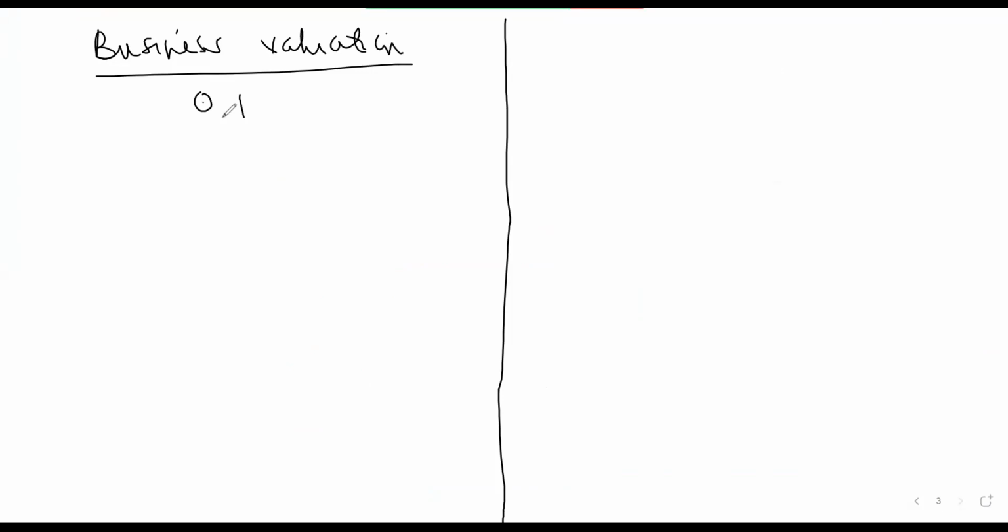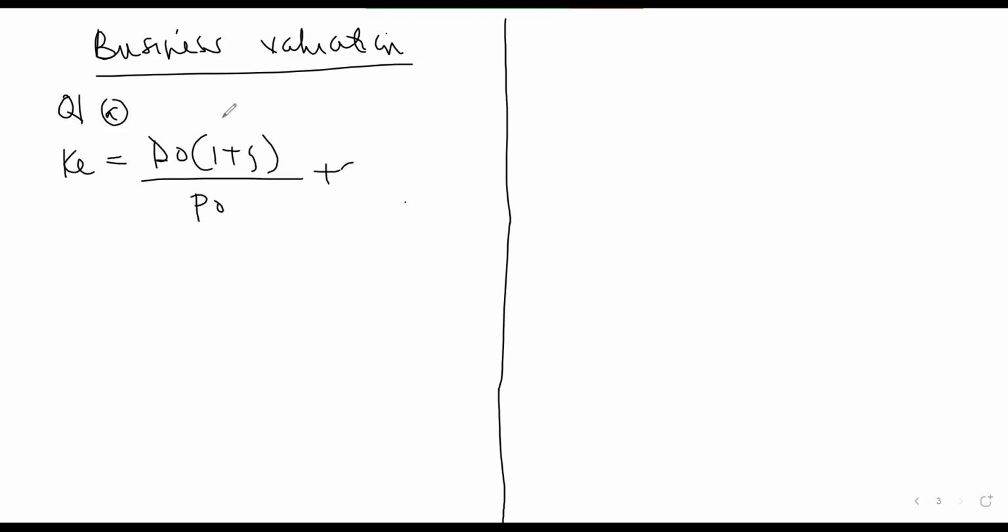So we have question 1, which is A. We know that our cost of equity is calculated from the dividend growth model as D0 over P0 plus g. Now we are making P0 the subject: P0 equals D0 into brackets 1 plus g, divided by Ke minus g. That's how we find the market price.